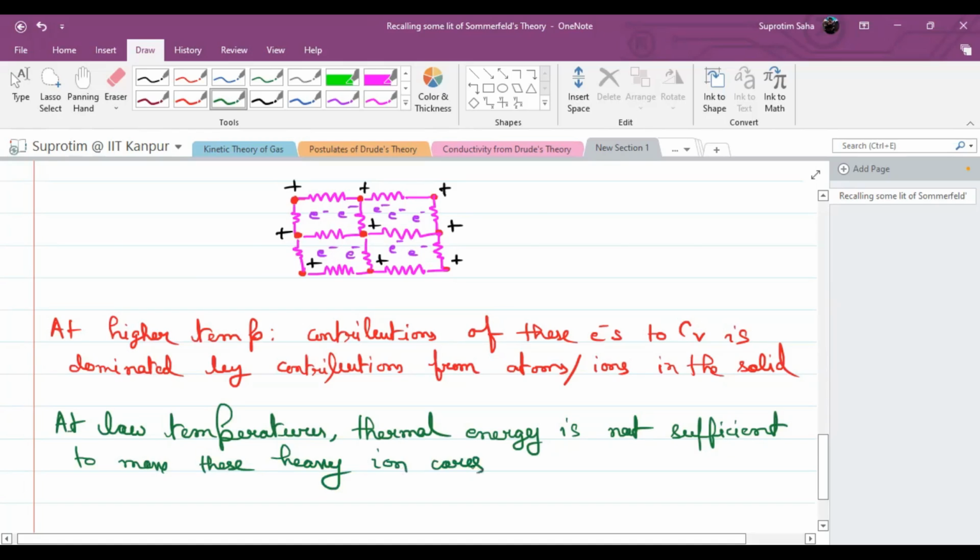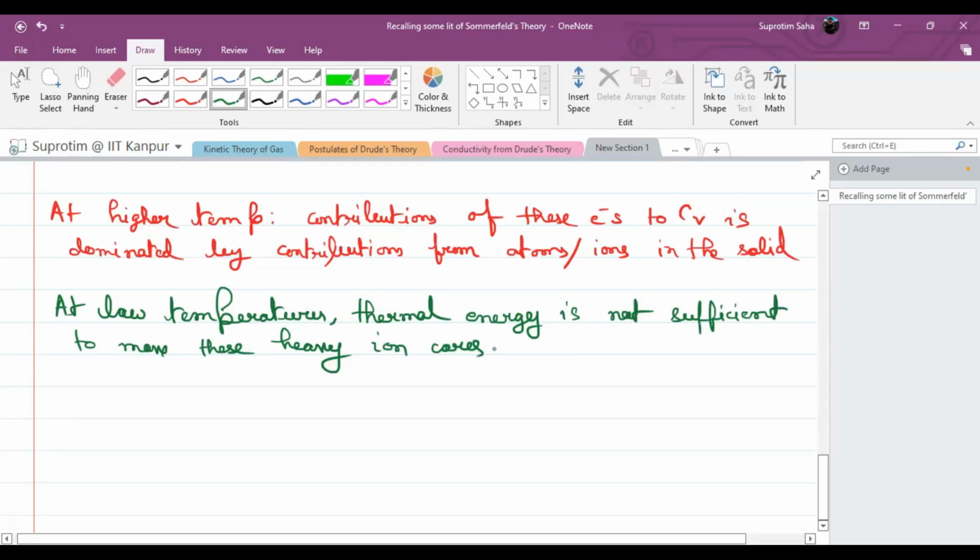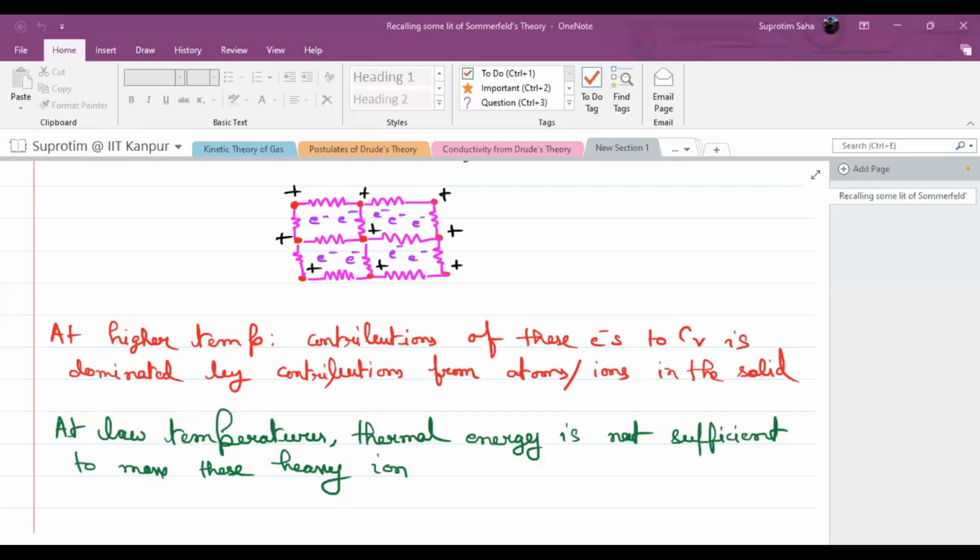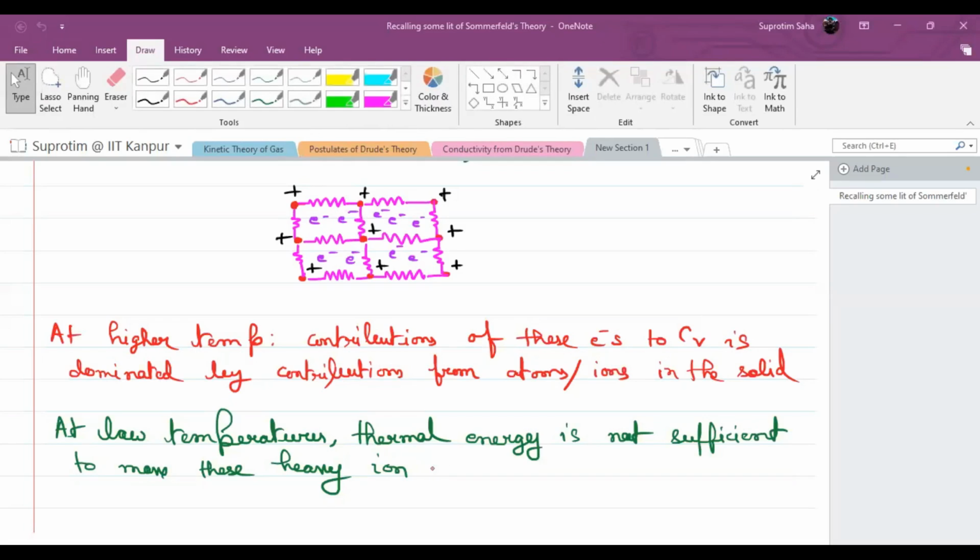Understood? Sorry, this is to vibrate. So at low temperatures, thermal energy is not sufficient to move these heavy ion cores, and so the contributions from these ion cores become diminished, and the electron contribution to the specific heat dominates.